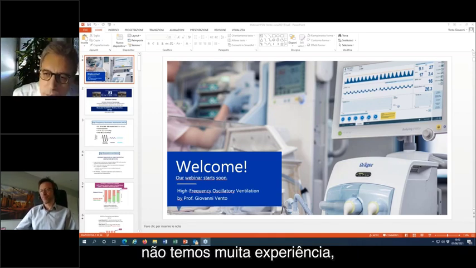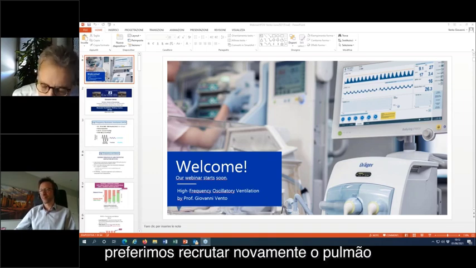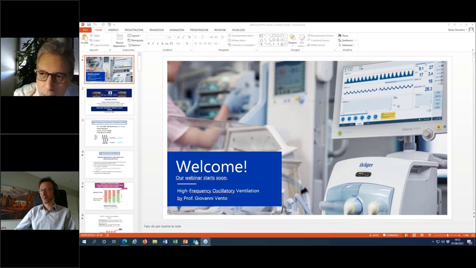We have not very much experience. We prefer to re-recruit the lung in case of a baby who needs prolonged mechanical ventilation.